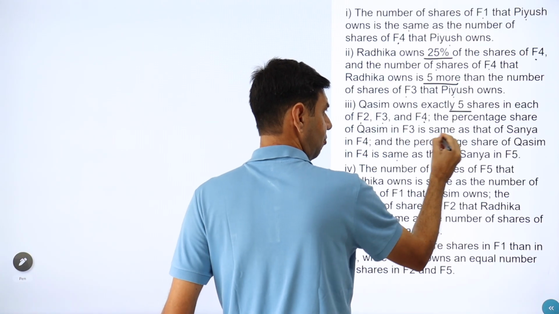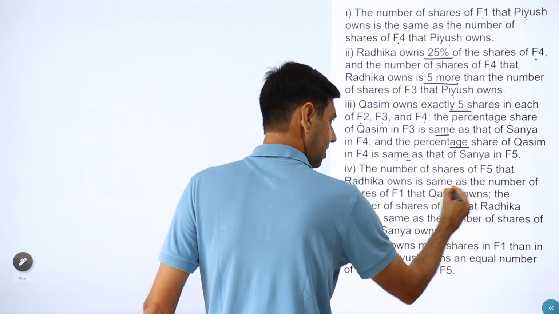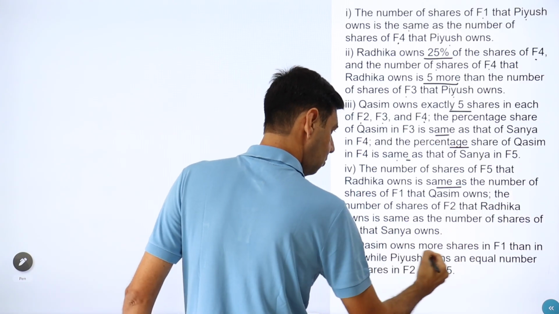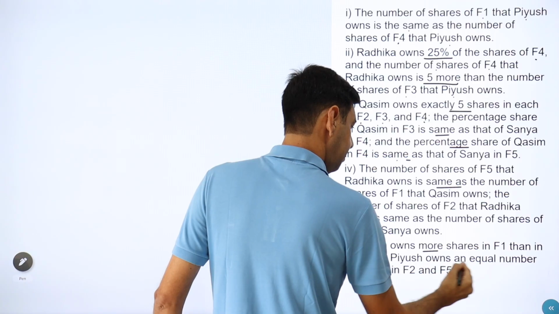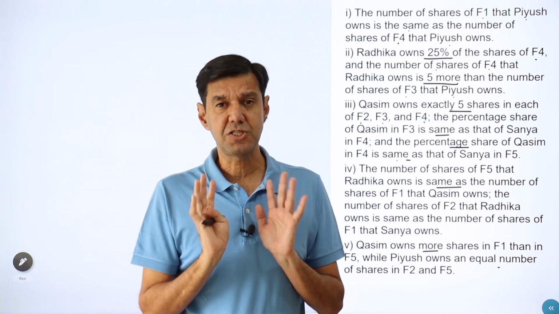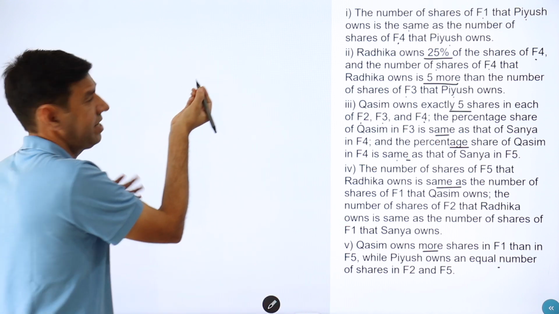Percentage share in F4 is the same, number of shares Radhika owns is the same as Kasim owns, Sanya owns more shares, Piyush owns an equal number. Quick glance. So we have the number of shares owned by the people in the firms. The representation is very easy, students.